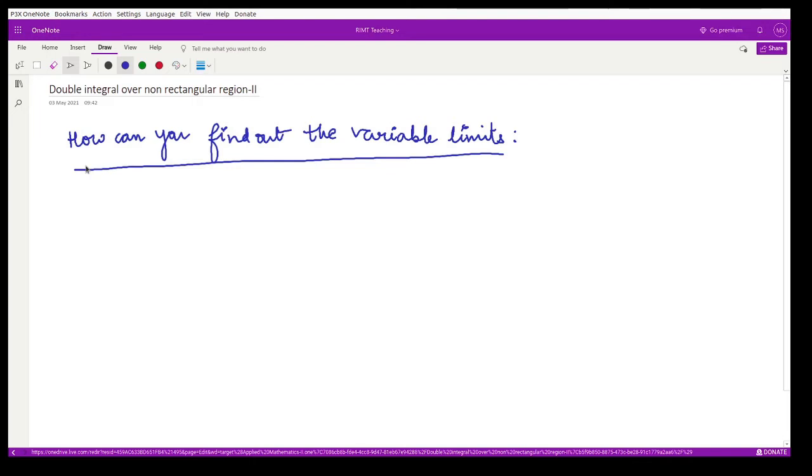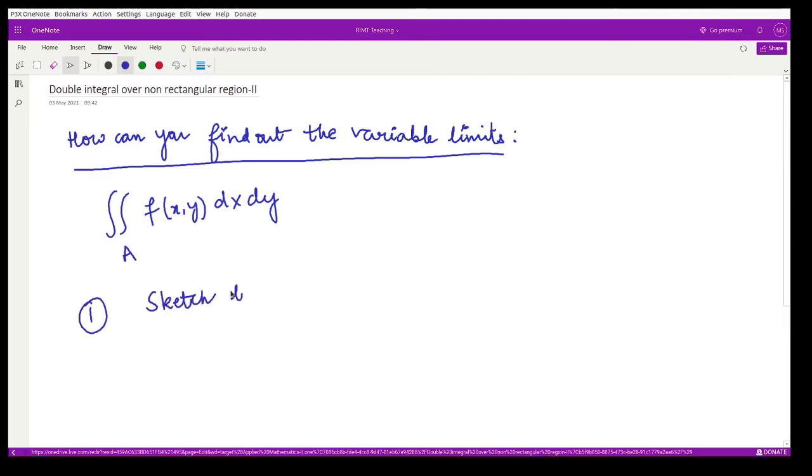So suppose we are to calculate this double integration over the given area A of the function f of x, y dx dy. So that means we'll be calculating this double integral over this particular area A. The first step would be to sketch the given region.